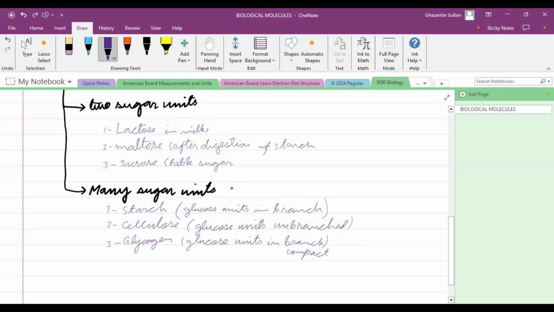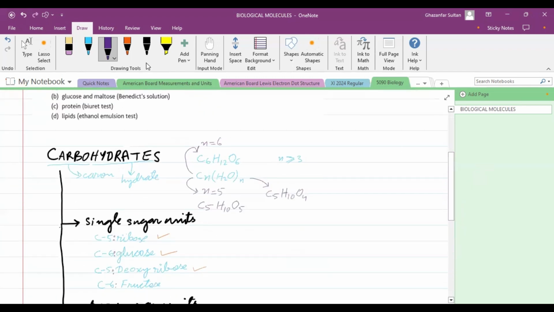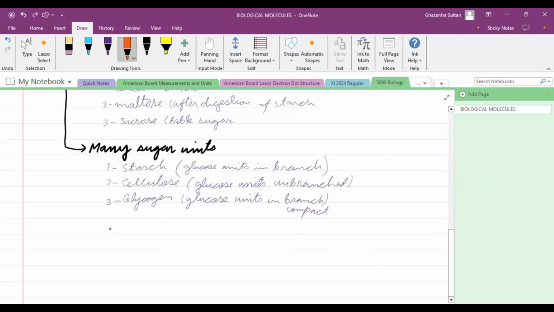Now see, the elements which are present in any kind of carbohydrate: three elements are common, and mainly these three elements are important.